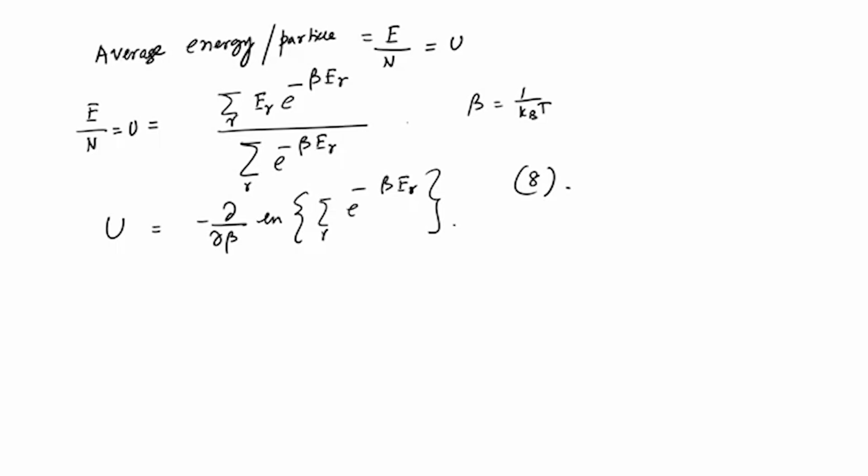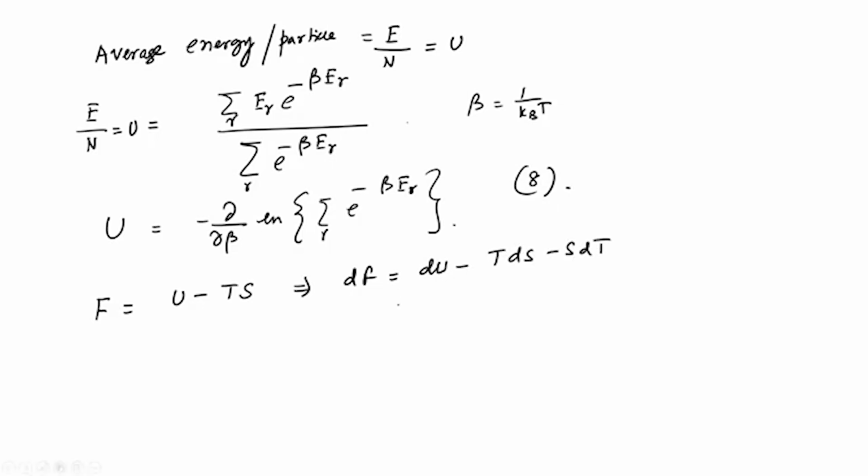Now, what is more commonly used in the canonical distribution is the Helmholtz free energy, which is nothing but U minus TS. If you take dF, this becomes equal to dU minus TdS minus SdT.